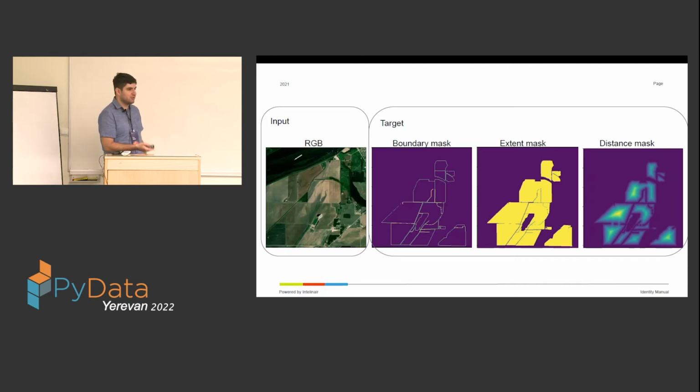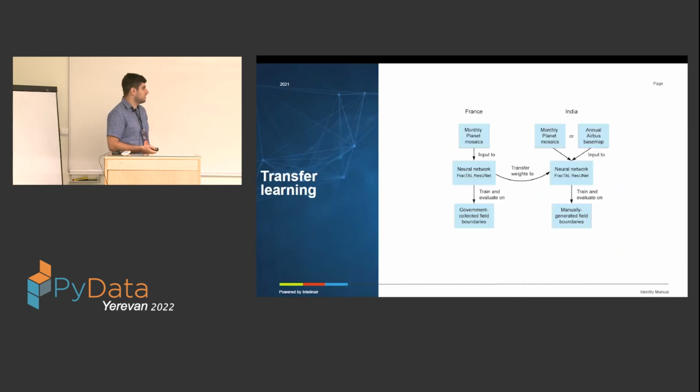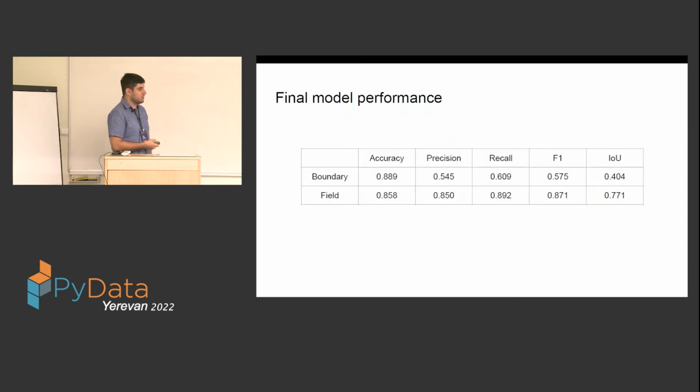So the metrics are going to be low, and that's just a fundamental property of boundary data. As such, these might seem low, but they're actually pretty good results. And you can look at the field metrics, which are pretty high.